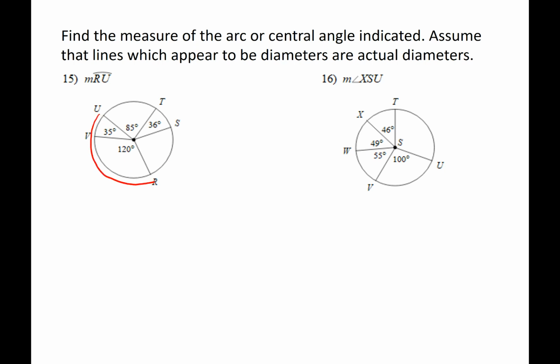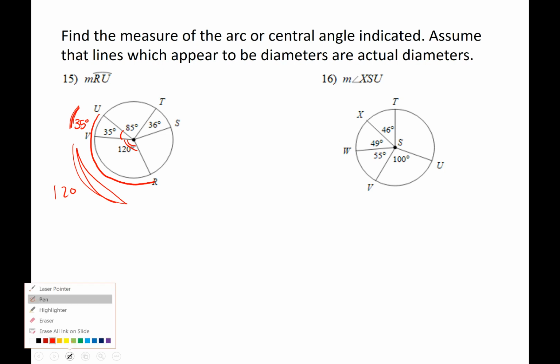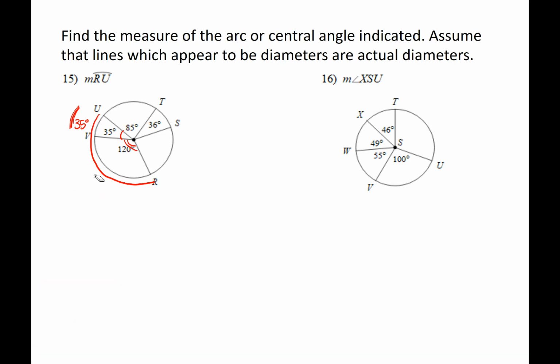All right, so with what we're given, we have a central angle and another central angle. With central angles, where the vertex is the center, the angles are equal to the arcs. So this would be 35 from here to here, and this would be 120. Again, the angles match the arcs.